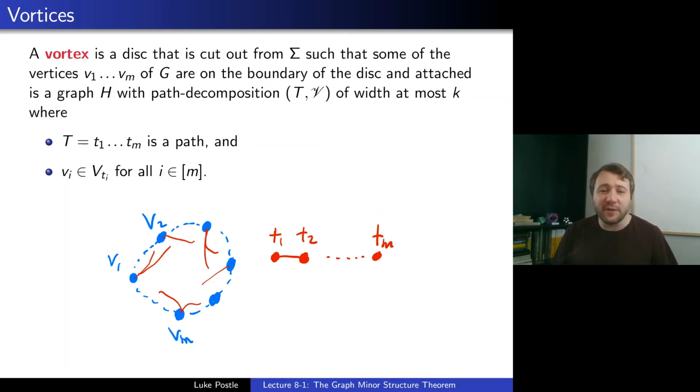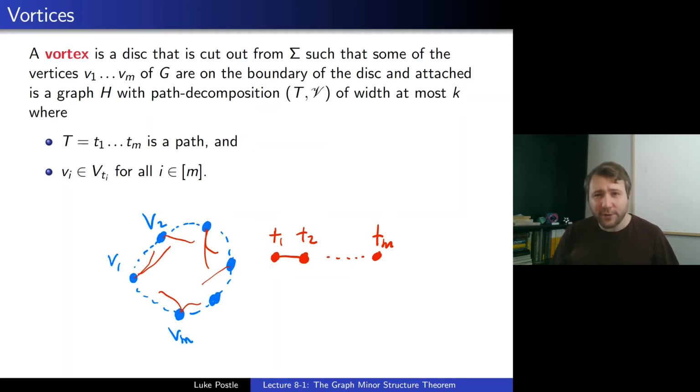So here's some kind of rough picture of that. Again, we have v1 up to vm, you've cut that disk out, and the rest of the graph is embedded in the surface, but then I'm allowed to add more edges, this additional graph H with a path decomposition inside. In principle, it's somewhat like you're only allowed to go to vertices that are close to you in the cycle.